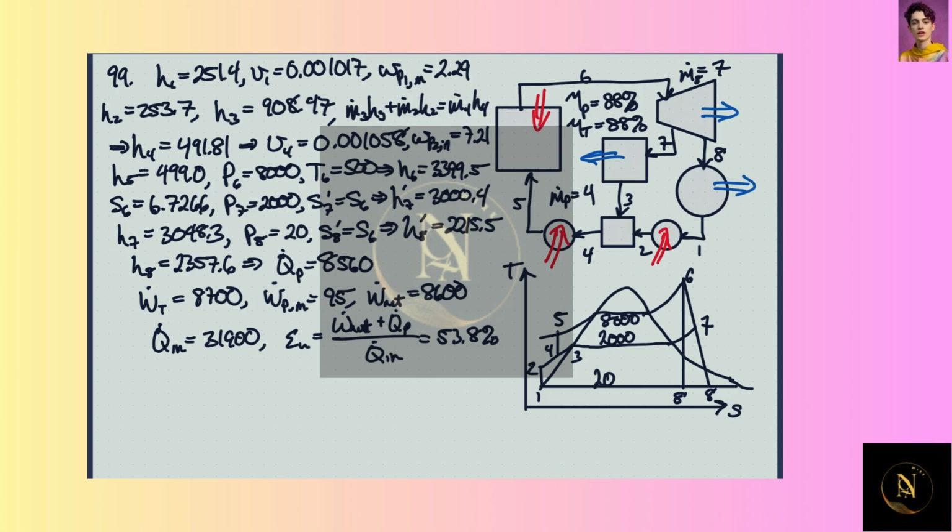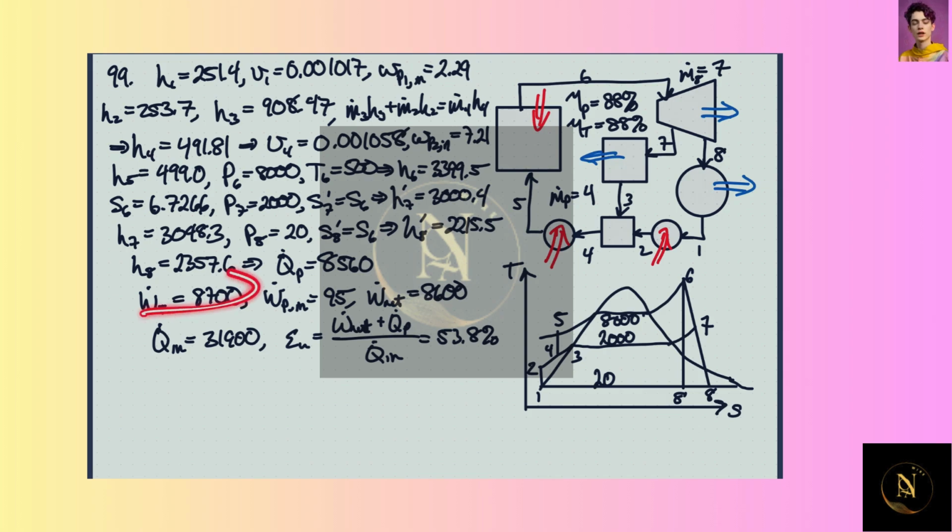Now, obviously, this and this we're using, and this we're not using. So we can figure that out just by knowing the difference in enthalpy here. And that winds up being about 8.6 megawatts.